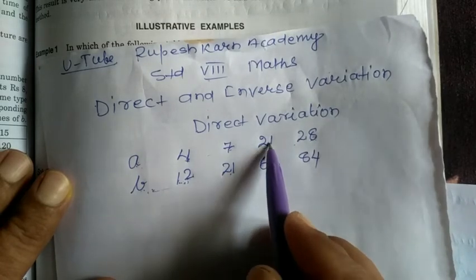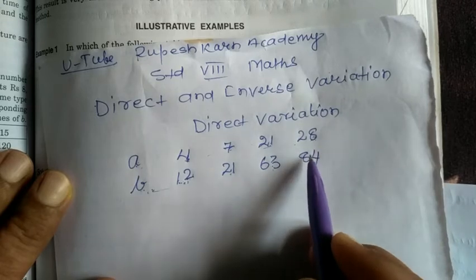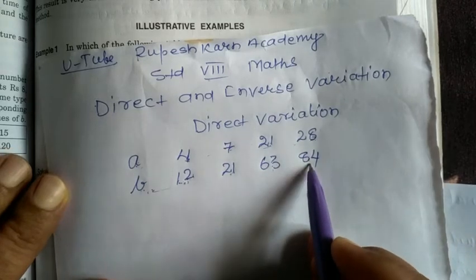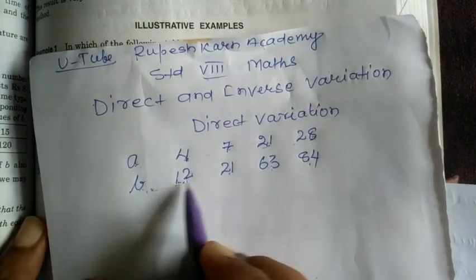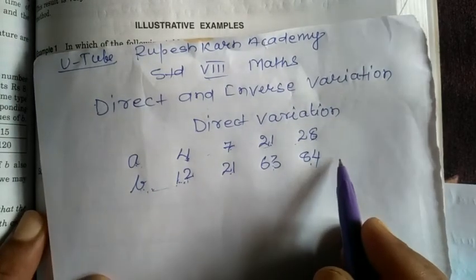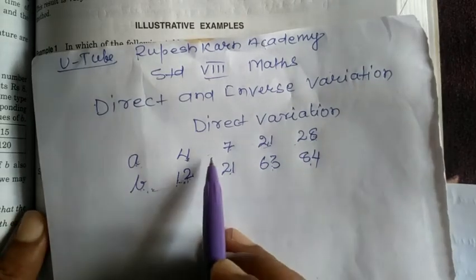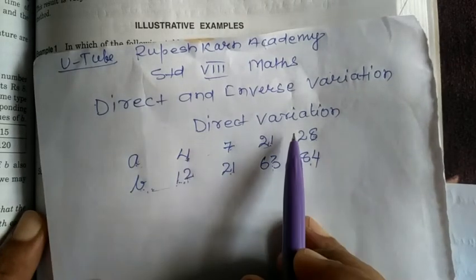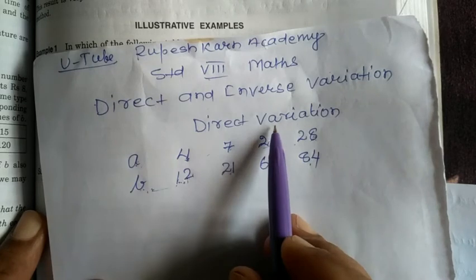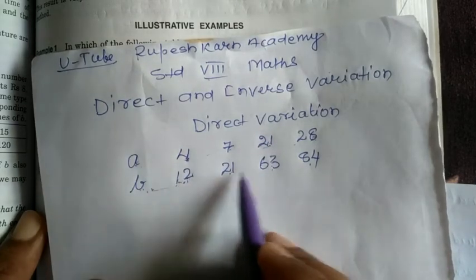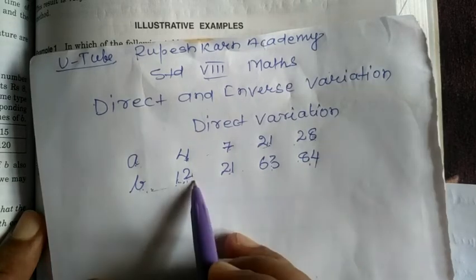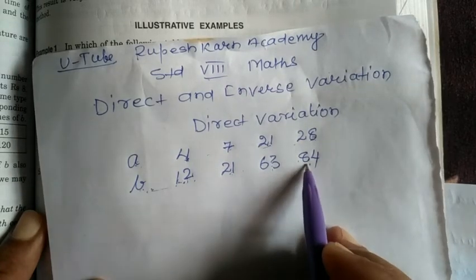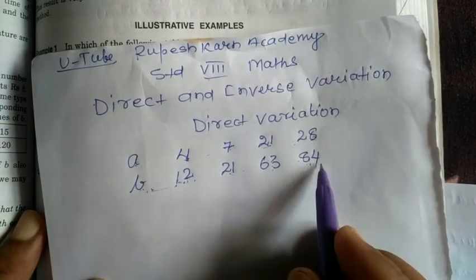This value is also 3 times of this. This value is also 3 times the value of A. Whatever we see here, the ratio of increase is always the same. So, dear students, concentrate your brain here. In direct variation, the ratio of increment always remains constant. It always remains constant. Ratio does not change.